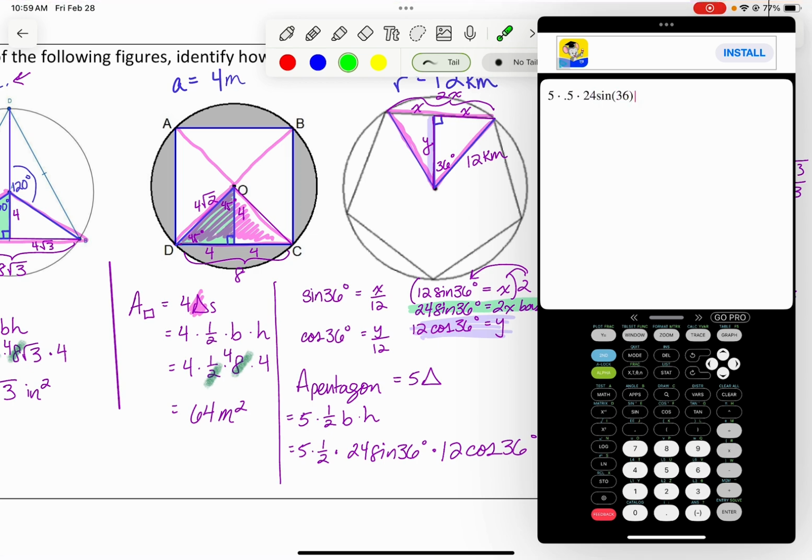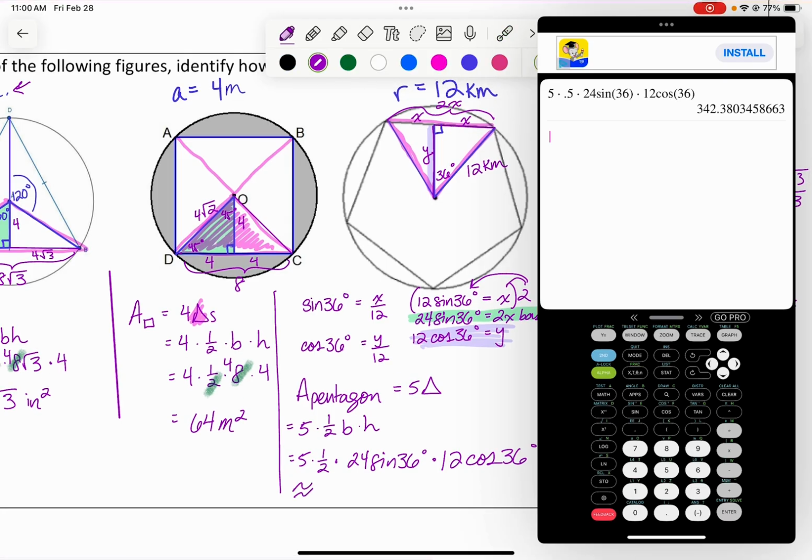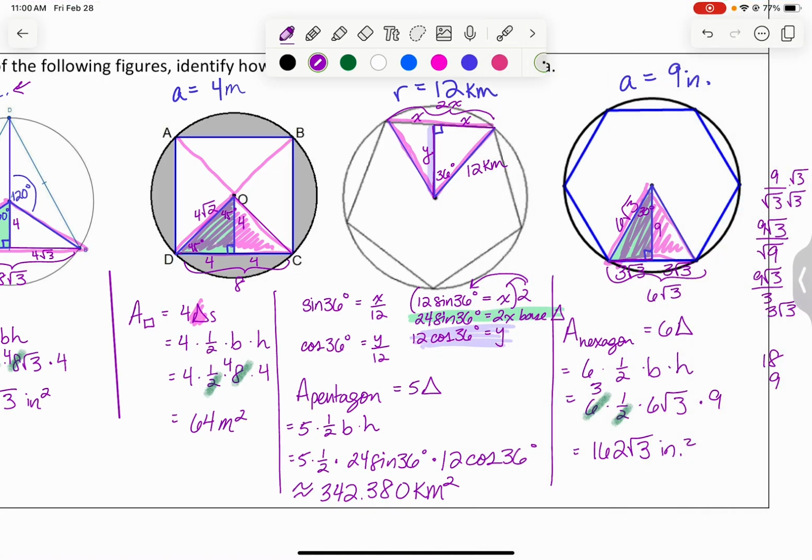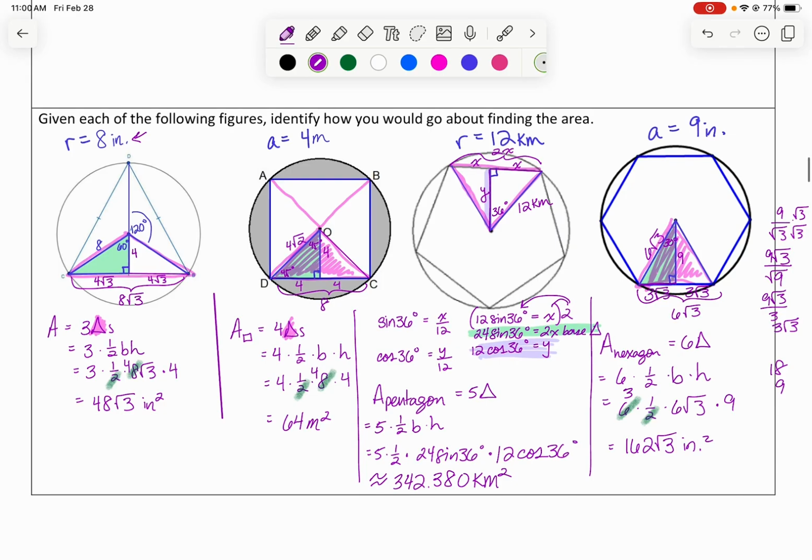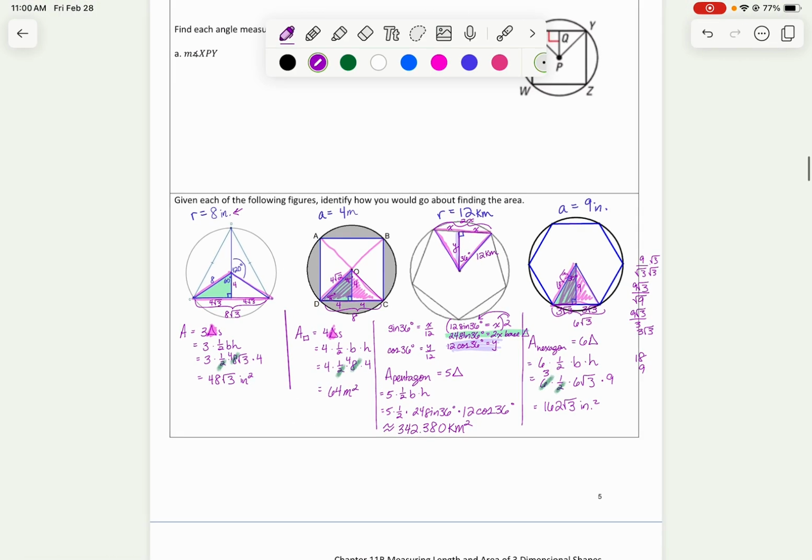Make sure you close your parentheses, times 12 cosine of 36, close your parentheses, enter. And if you remember correctly, we needed to be accurate to 3 decimal places, so we get 342.380, and this is kilometers squared. If you have questions about how to type it in your calculator, we will practice this next week. All right, let's go ahead and continue on to the next page.